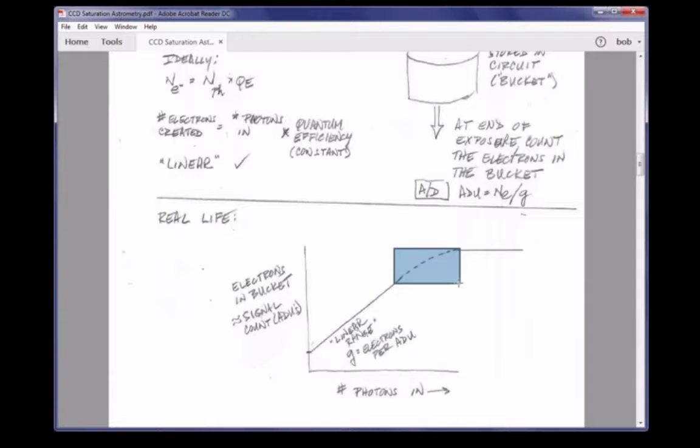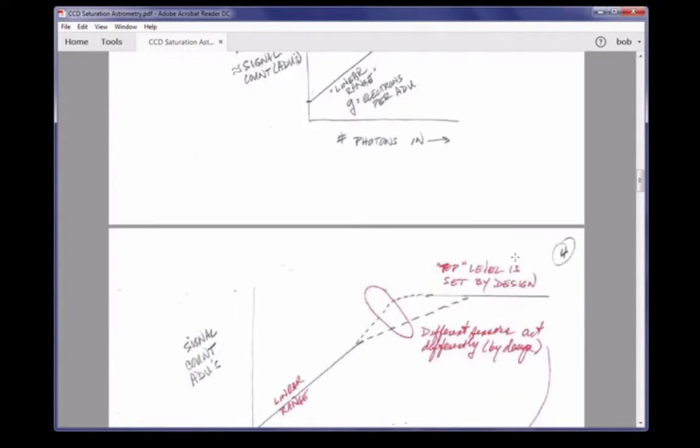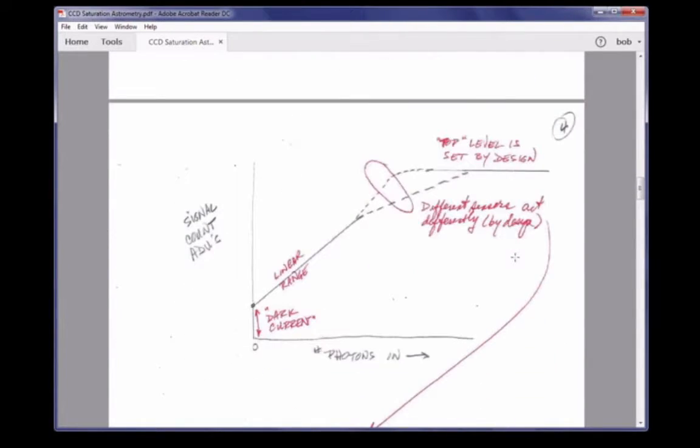It's not linear anymore. It's sort of curving over. And then somewhere along the line, you'll get to where another electron comes in and nothing changes in that bucket because the bucket's full. So here's another view of that same curve. You see the linear range.